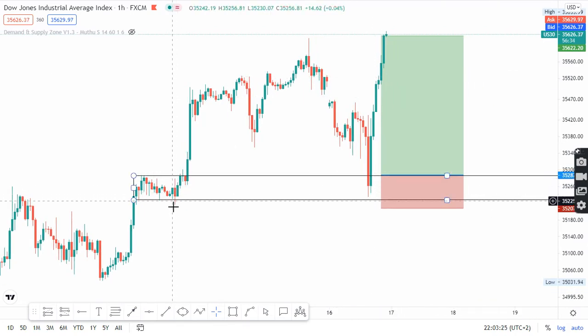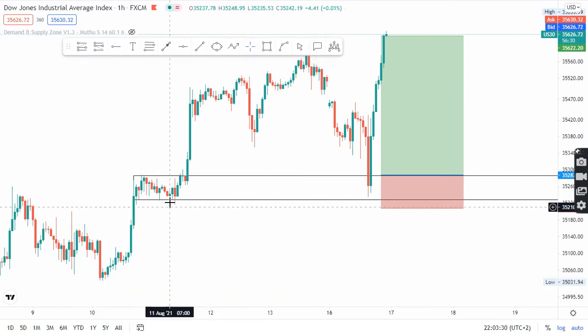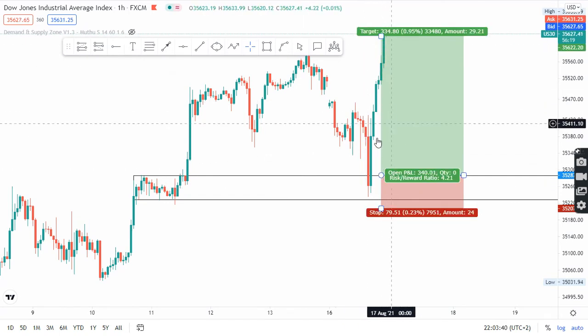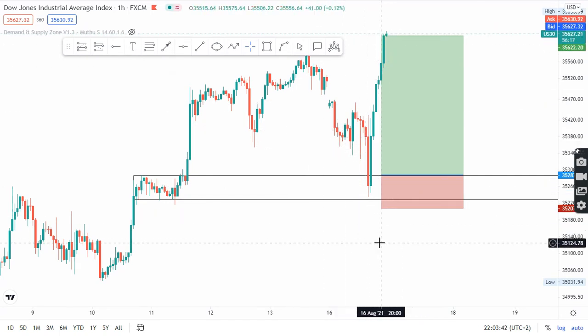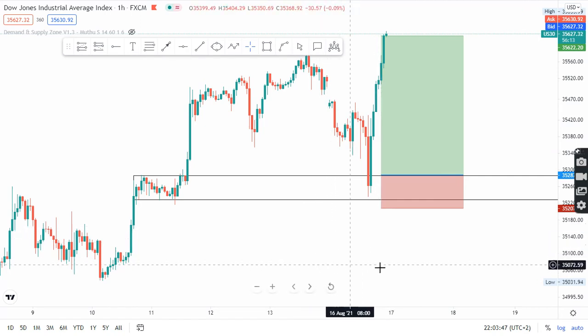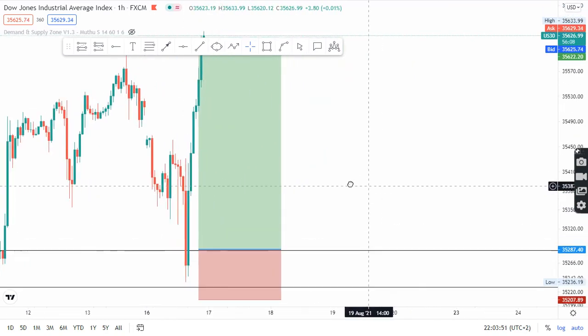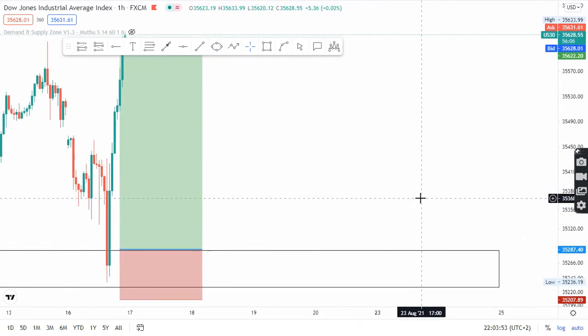This was on the 11th of August, and then price was there on the 16th of August. Just almost 5 days, and you'd have taken this beautiful trade just by being patient and waiting for the signal.